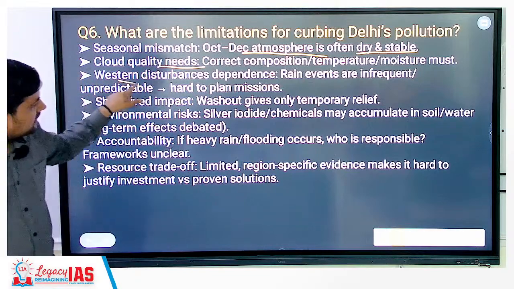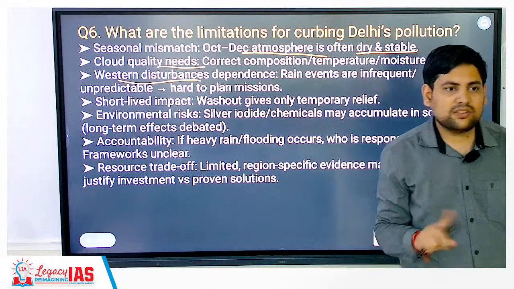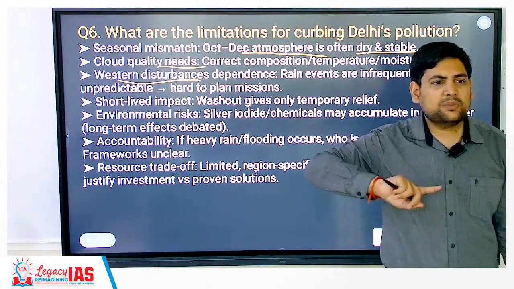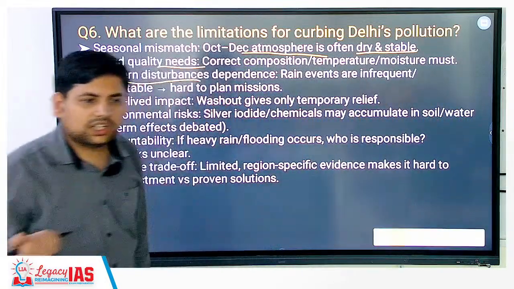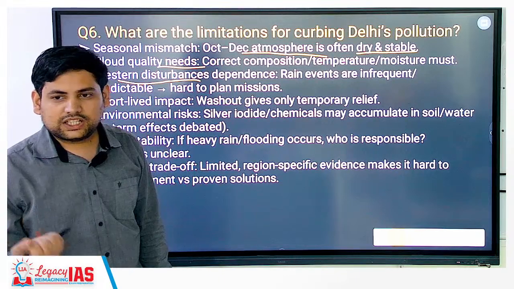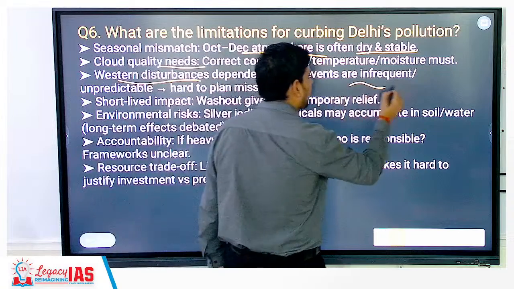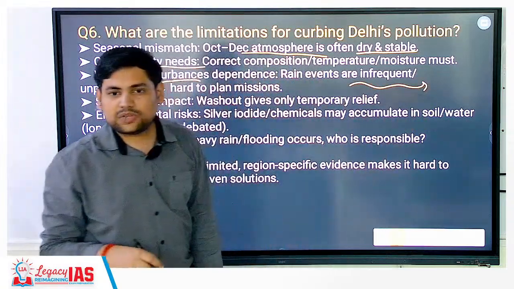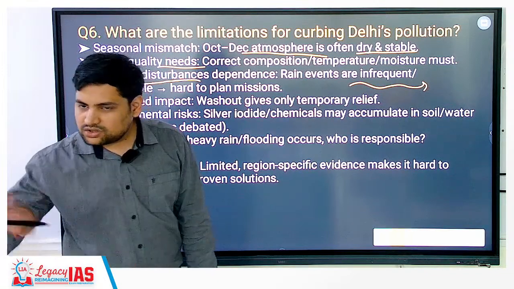Then western disturbances. Rainfall during this time, October to December, winter rainfall in North India, is because of western disturbances. What are western disturbances? Air, wind comes from the Mediterranean Sea, and that causes rain in northern India.